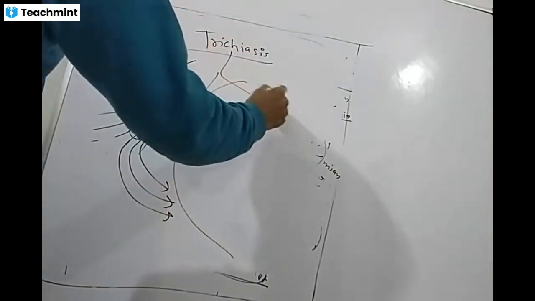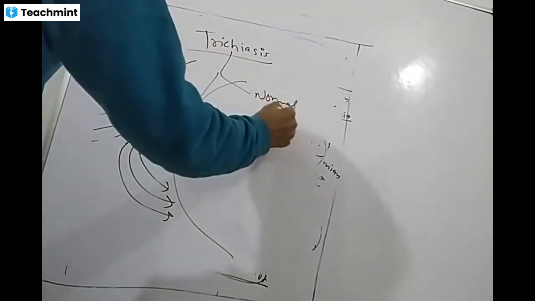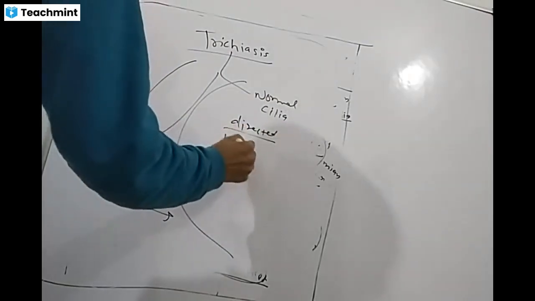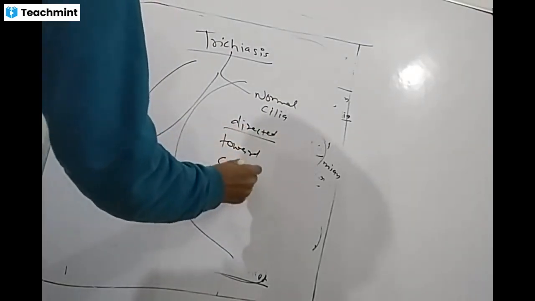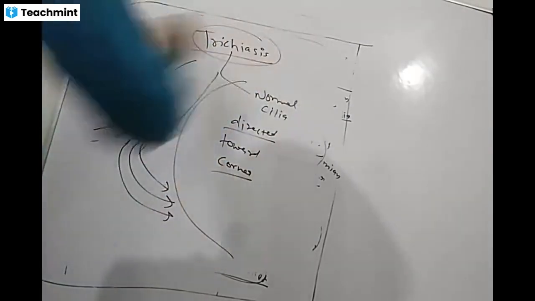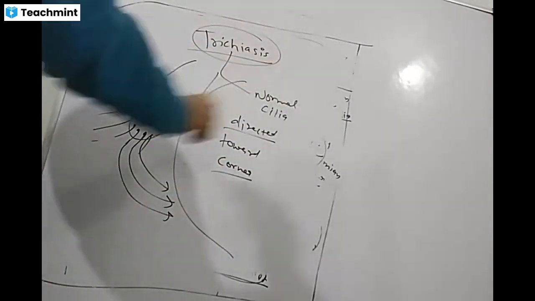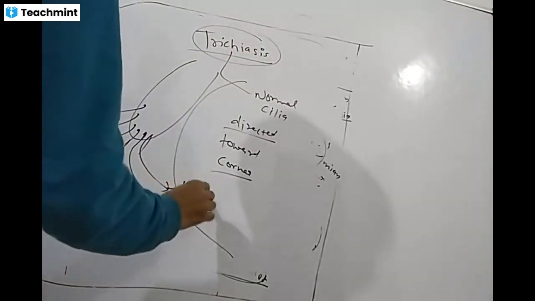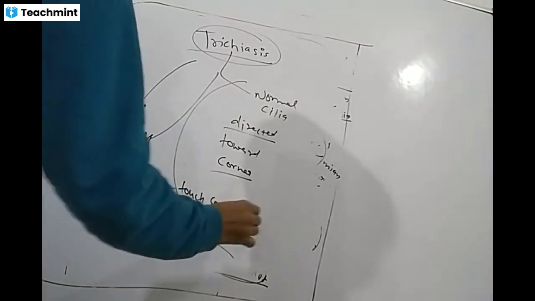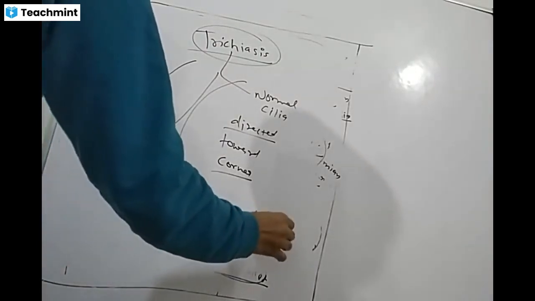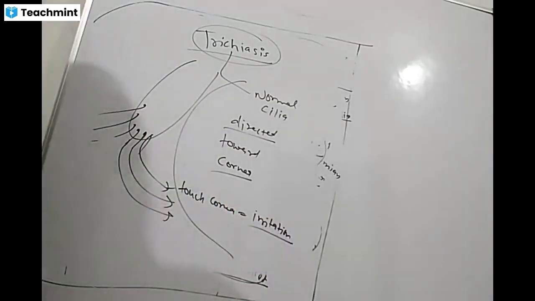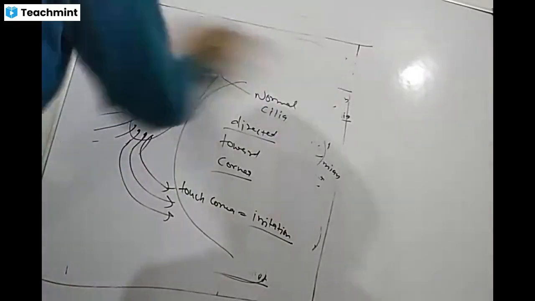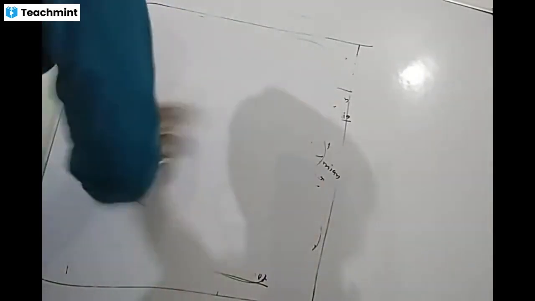These are the normal cilia directed towards your cornea. They are called trichiasis. They will touch the cornea and cause irritation. So these are three disorders of the cilia.